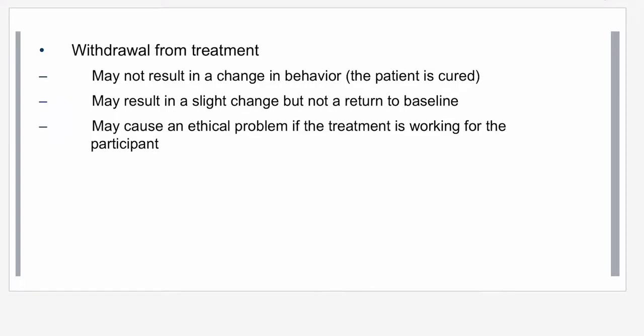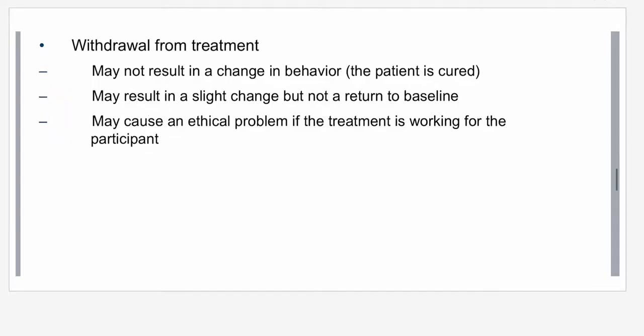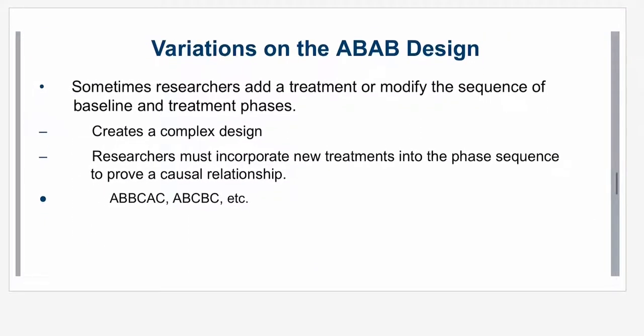Eventually we don't want them to return to that baseline, right? We want them to stay in that treatment phase in terms of their behavior. And so this can also be considered a trial period to assess the permanence of that treatment. Does the behavior stay improved when we remove the treatment? So just some things to keep in mind there.